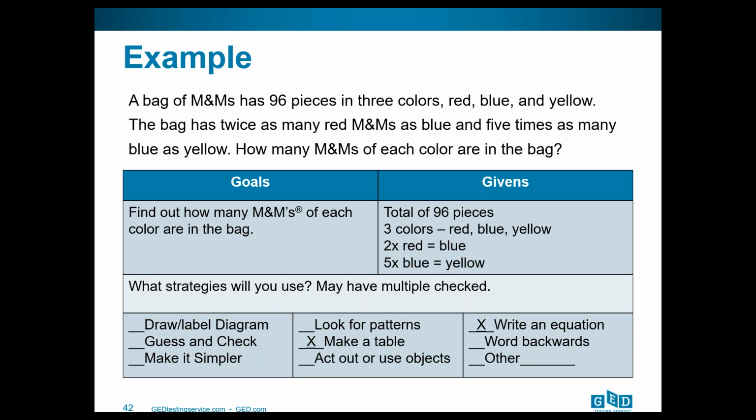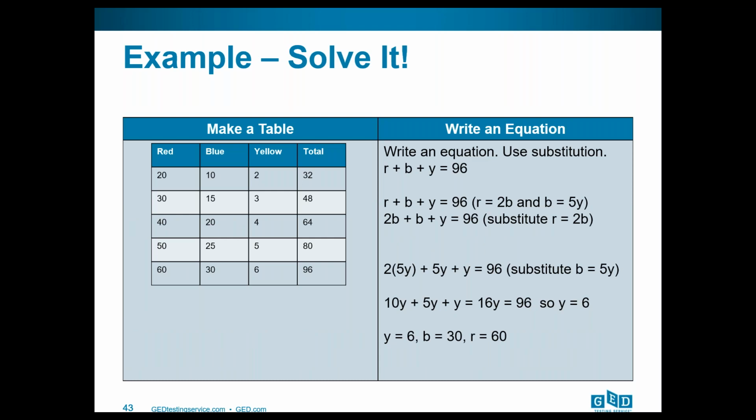And now Goals and Givens says, okay, what strategies will you use? And one thing we recommend for students is pick 2, at least 2. In this case, I said, okay, I could make a table or I could write an equation. Now, from that, I can move over and I can actually solve it.